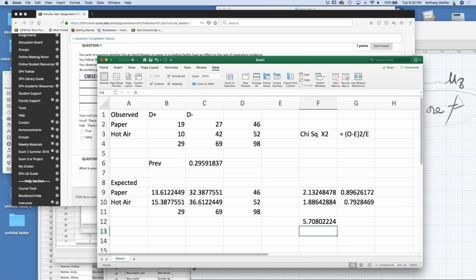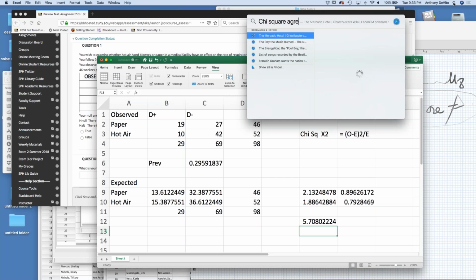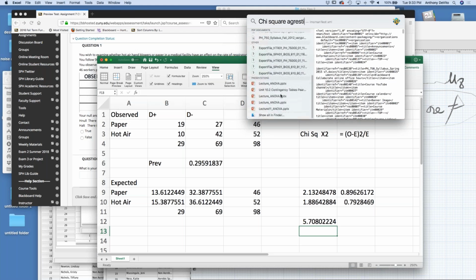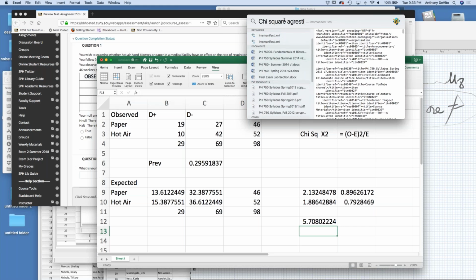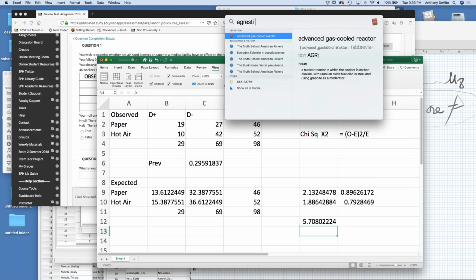Now I would go to the chi-square table. Grusty? I think it's a Grusty. Wait, can I find it? Come on, help me out here. Let's see. Chi-square table, where is it? I don't see it. How about if I put this in the other way? How about if I put in a Grusty? I use this from an old textbook that I like.